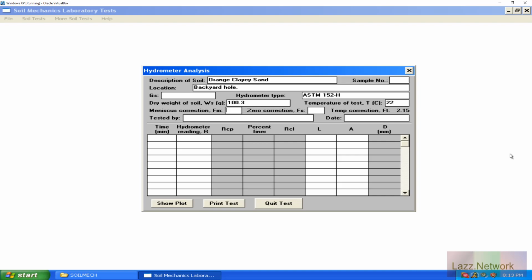So your correction factor, this is the idea. When you calibrate your hydrometer, what you're pretty much doing is you're going to make your sodium hex solution. For that, that's 40 grams for every liter of solution. That's your ratio for the solution. And technically, you're going to get your 1,000 milliliter glass cylinder that you use in general, you put your hydrometer in there, and then you check and see what reading you get.